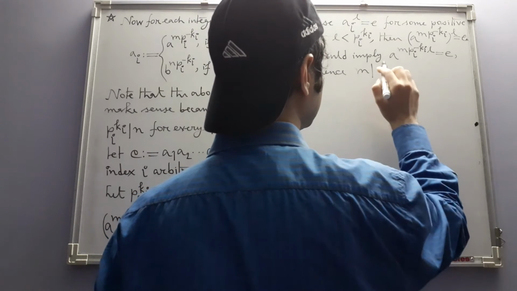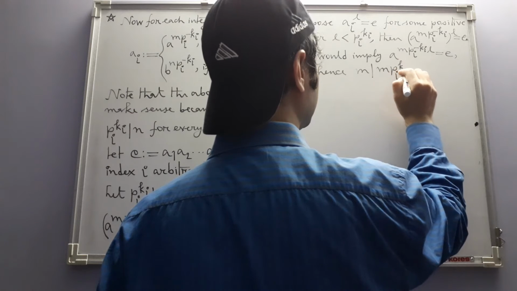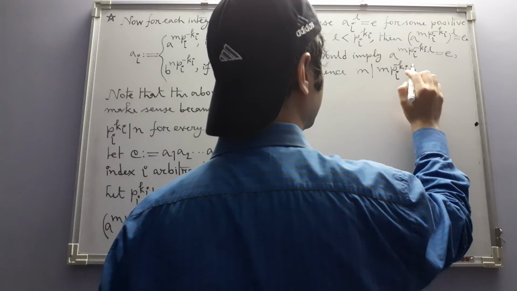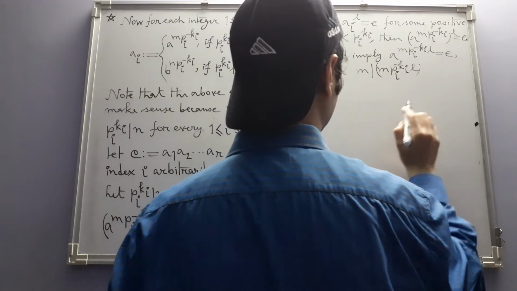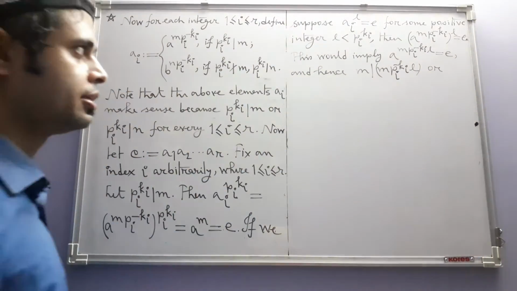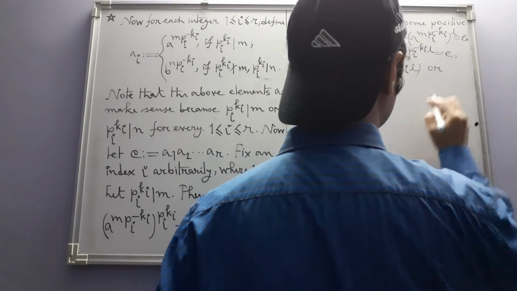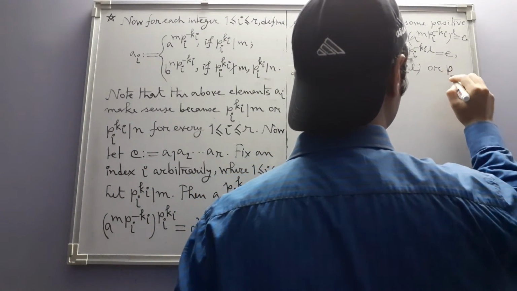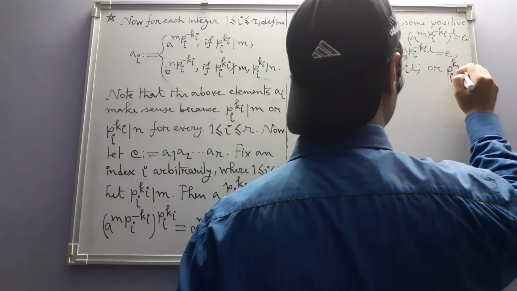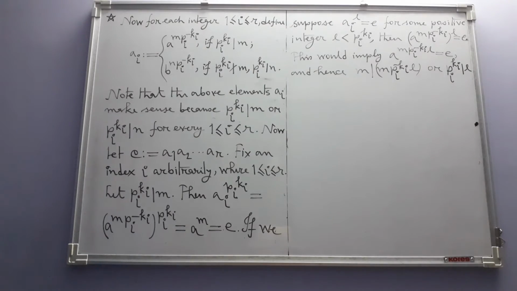So m divides m times p_i to the power minus k_i times l, or if you manipulate this divisibility relation, you will get this strange conclusion that p_i to the power k_i divides l.